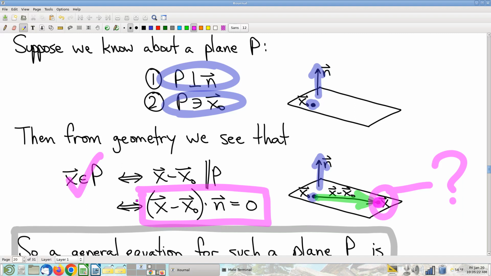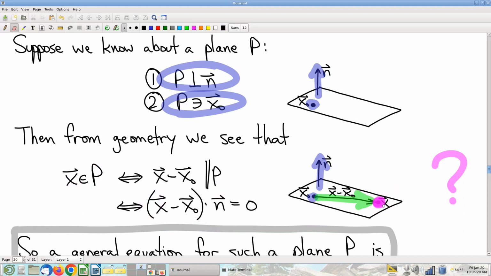How we doing? Everybody's happy? Okay. All right. By the way, this goes both ways. Let's entertain the idea of a point that is not in the plane. I'm going to look at a point up here, x, and then here's my x minus x naught. Right?